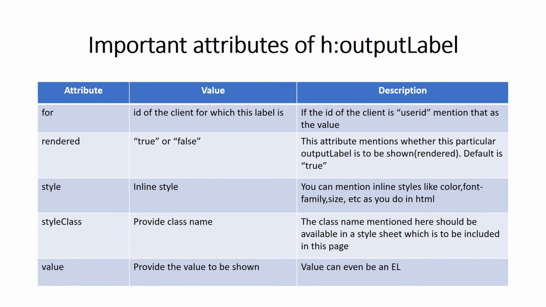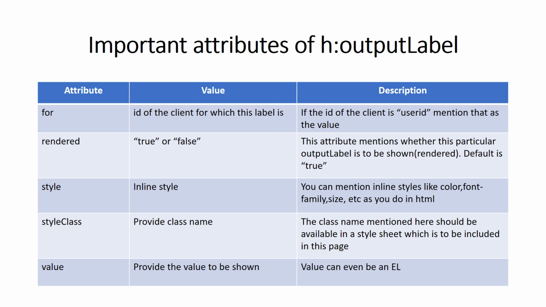We discussed the for attribute. The for attribute is for a client whose ID is mentioned over here. In this case, it is an input field. We discussed rendered. If we mention it as false, the label is not visible. We discussed inline style, which is very similar to HTML style.